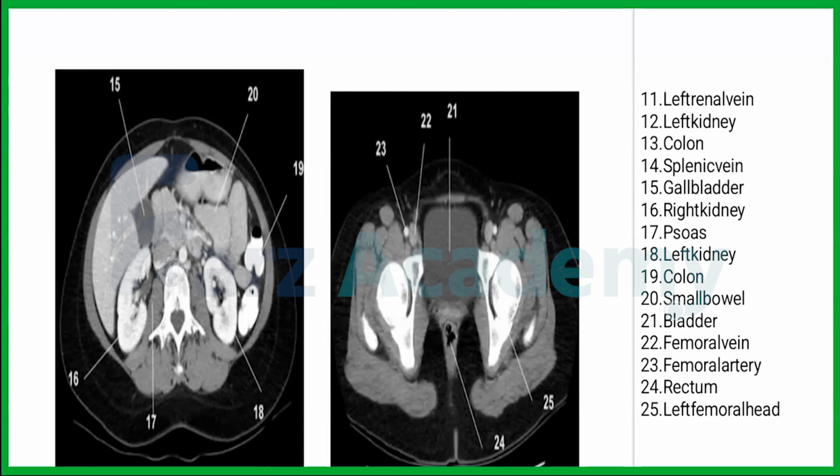Because it is very tough, within 1 minute you have to identify the problem, and there will be two questions. One is the diagnosis and then the management, or maybe they can ask a few more questions.